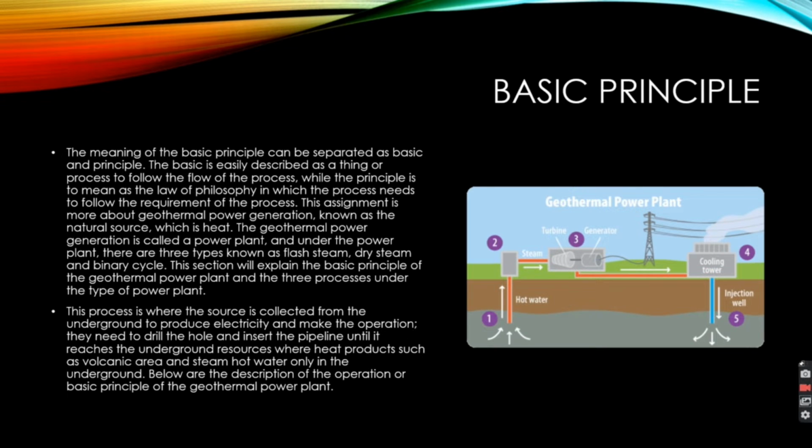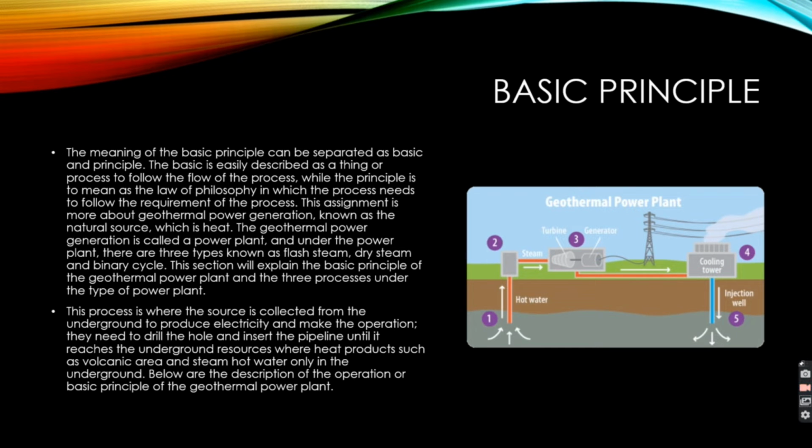The geothermal power generation facility is called a power plant, and there are three types known as flash steam, dry steam, and binary cycle. This section will explain the basic principle of the geothermal power plant and the three processes under each type of power plant. This process is where the source is collected from underground to produce electricity.